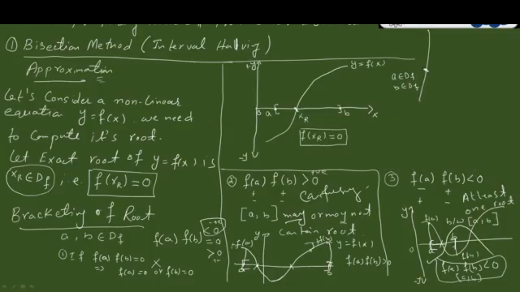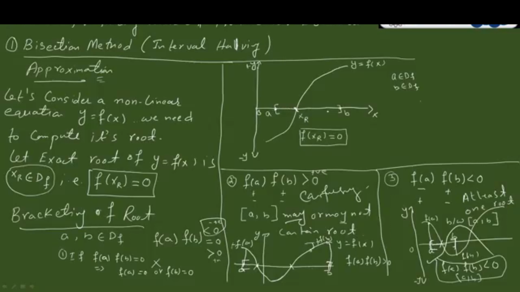So let's draw the line here. This is different. Now we have to understand the bisection method. Let's say I have a graph. I am explaining the concept of the bisection method graphically, but we do not find the root graphically. We just have to do the calculation in the later stage. But let's understand the conceptual working of the bisection. So this is the point A and this is the point B.